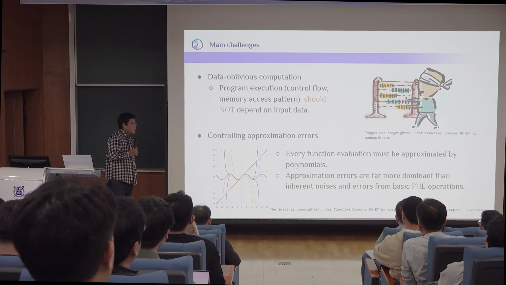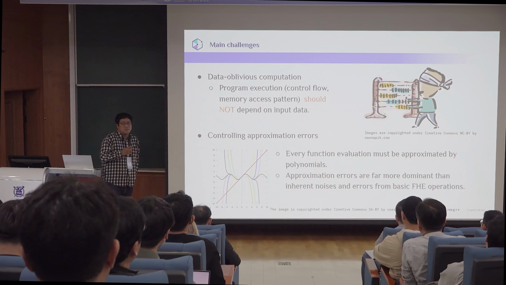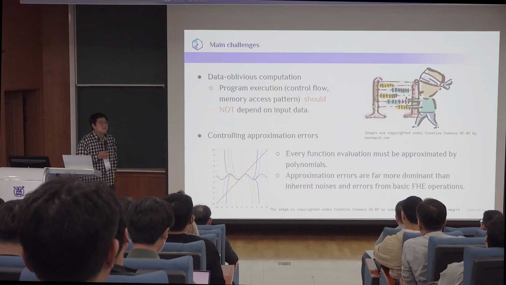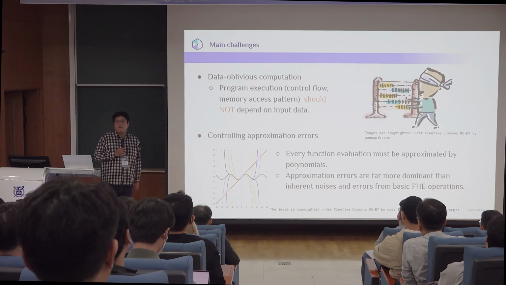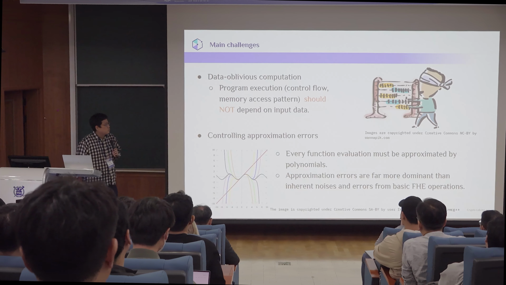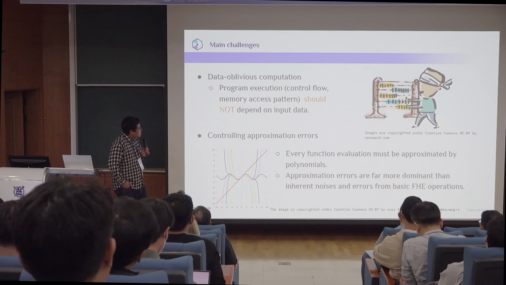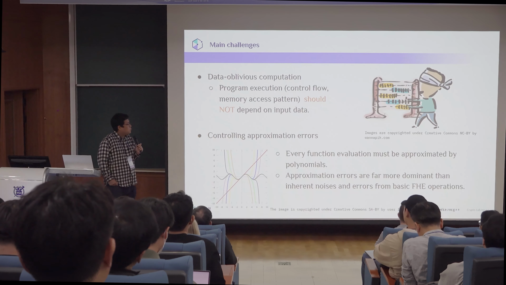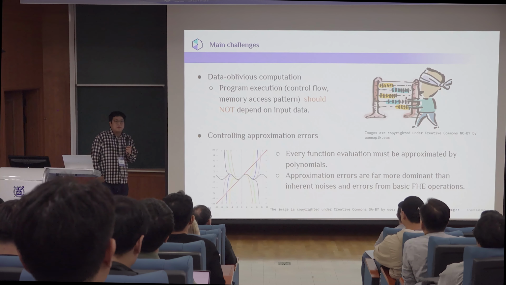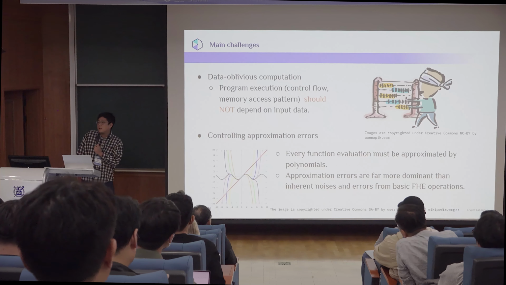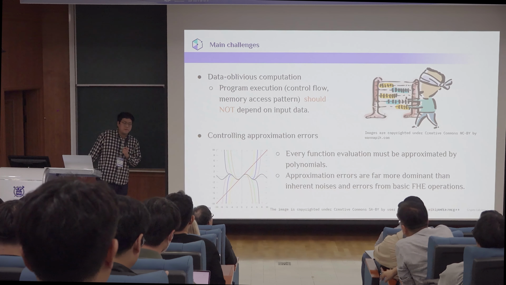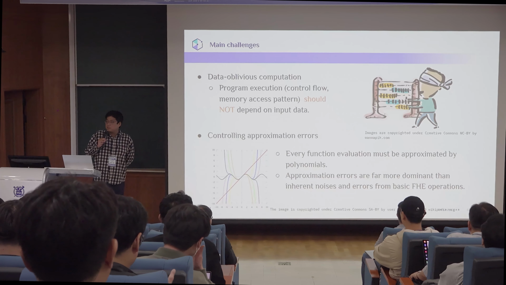So, if you think about that in user programming practices, looking at the data is very common, and we need to avoid it somehow. And the second thing is controlling approximation errors, because the core part of the HEaaN library or any other FHE is basically arithmetic functions.